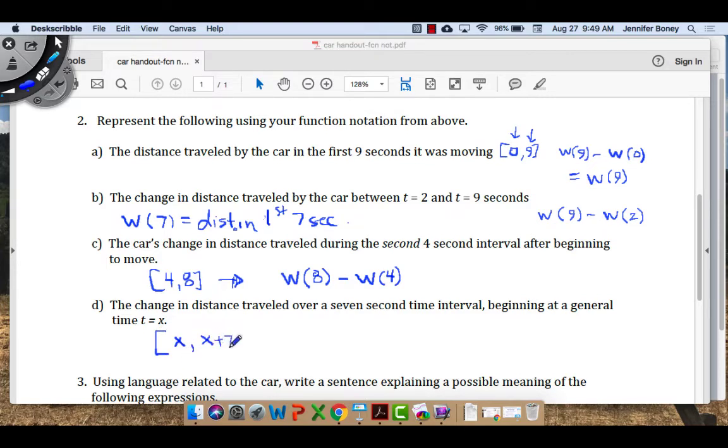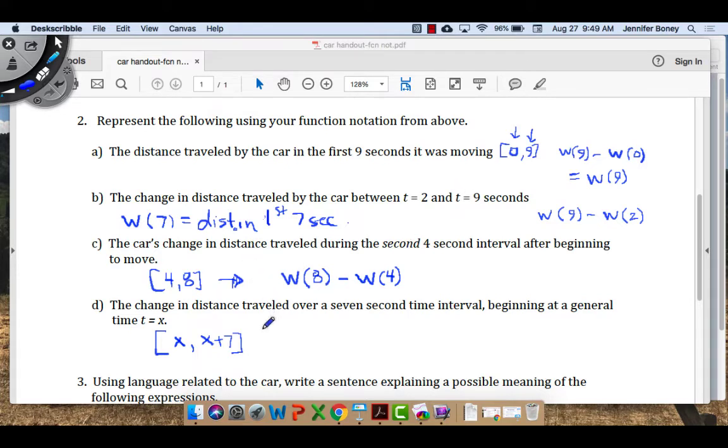It's not x through 7, it's x through something that's 7 larger than x, 7 more than x. So whatever x is, if x was 3, this would be 3 to 10. If x was 19, this would be 19 to 26. But for a general x, this represents a 7-second time interval that begins at x and ends 7 seconds later.